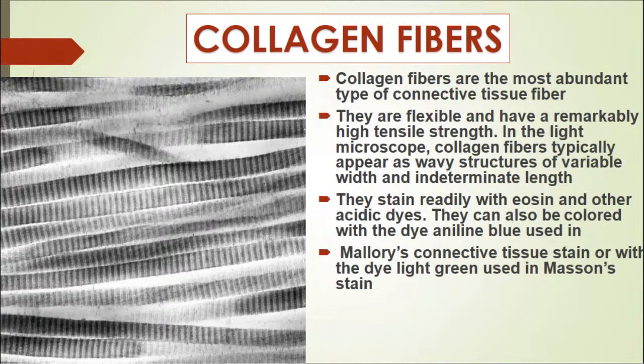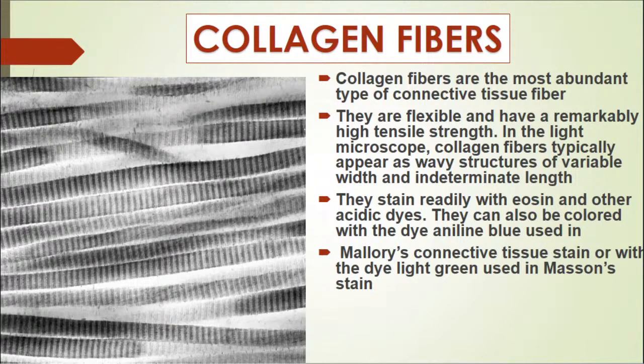They can also be stained by acidic dyes, for example aniline blue. They can also be identified with Mallory connective tissue stain, and Masson trichrome stain can make them light green.